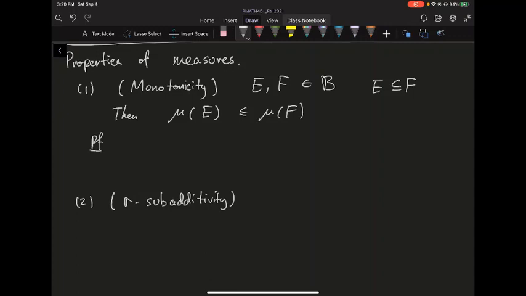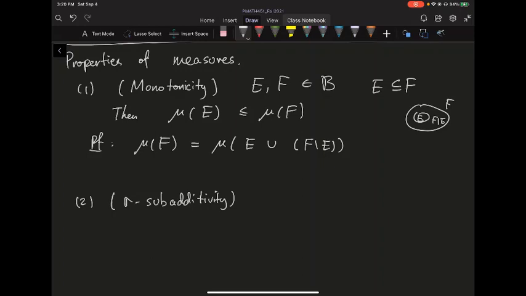So the proof is really simple. Here, mu of F. How can we break up mu of F? Well, we know F can be realized as the union of two things: E, and F take away E. So here is the set F, and you have a set E, and you have F take away E. Because E is contained in F, F is equal to the union of these two sets.